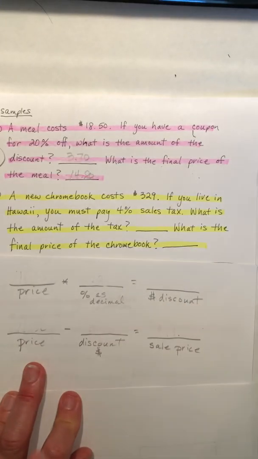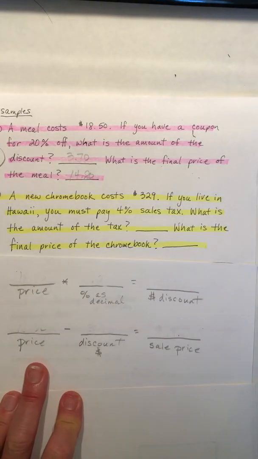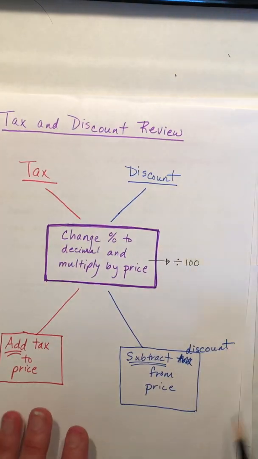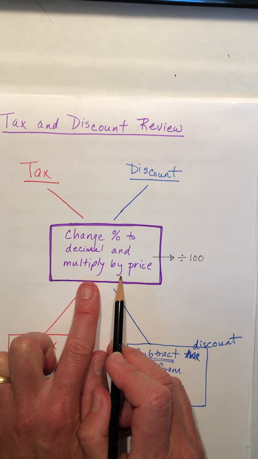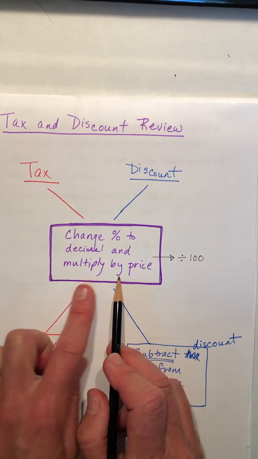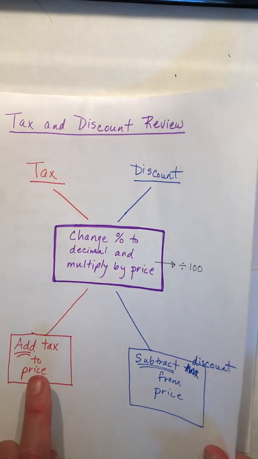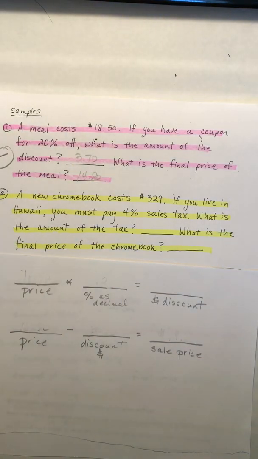Okay. Remember how on the first page we said that the first step is the same for both? And with tax you add, and with discount you subtract. It's really the same template that we use for both.